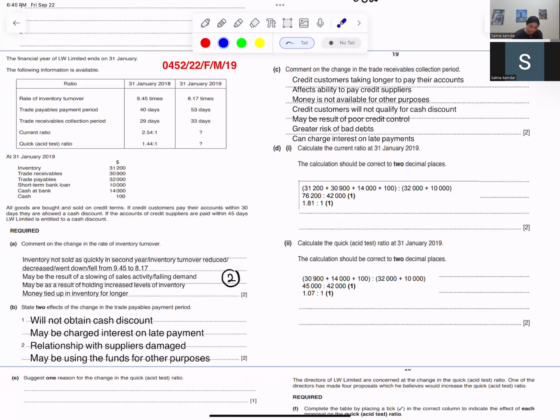Next question. State 2 effects of change in trade payable payment period. What does the trade payable payment period tell us? It tells us in how many days we pay our trade payables. It tells us in how many days I am paying my suppliers.